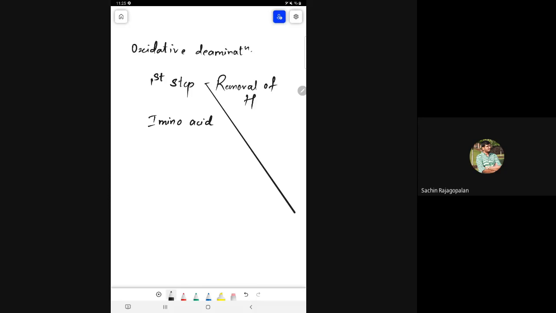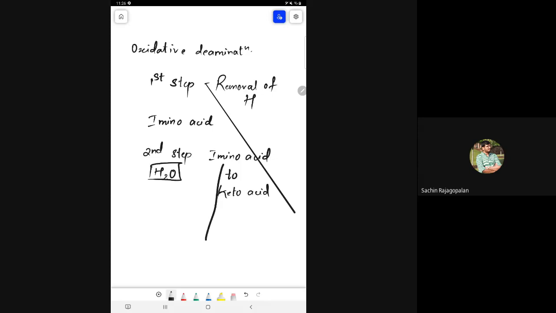An amino acid is converted to an imino acid. That is the first thing that you will see. Post which, in the second step, you are hydrolyzing the imino acid to a keto acid.